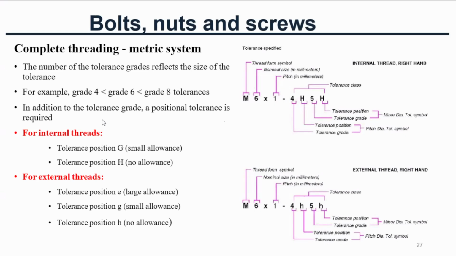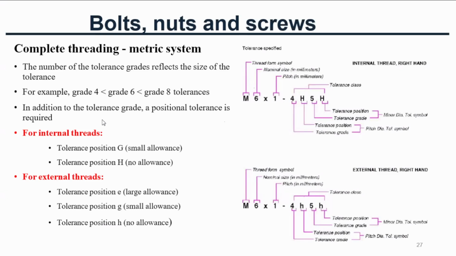Sorry, tolerance positions. Tolerance grades we can indicate using numbers. Grade 4, 6, 8, likewise. Grade 4 is the most accurate one.